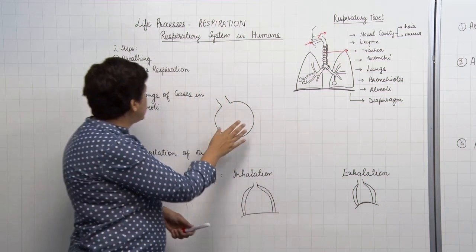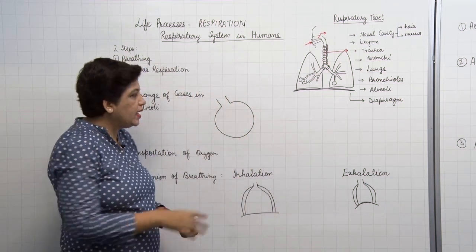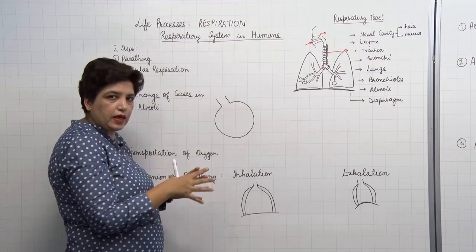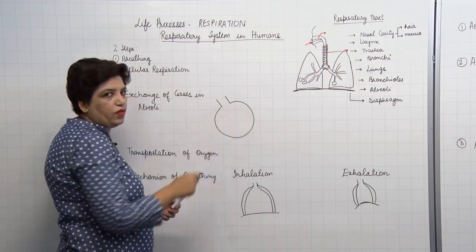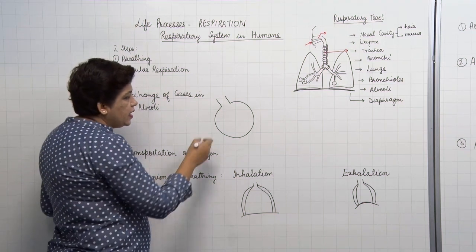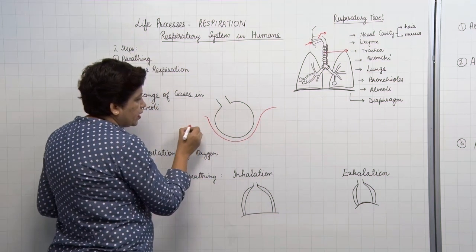Now, let's understand how exchange of gases takes place in the alveoli. Alveoli are air sacs. They provide a large surface area for exchange of gases. The alveoli have very thin walls through which exchange of gases can easily take place. These alveoli are richly supplied with blood vessels.